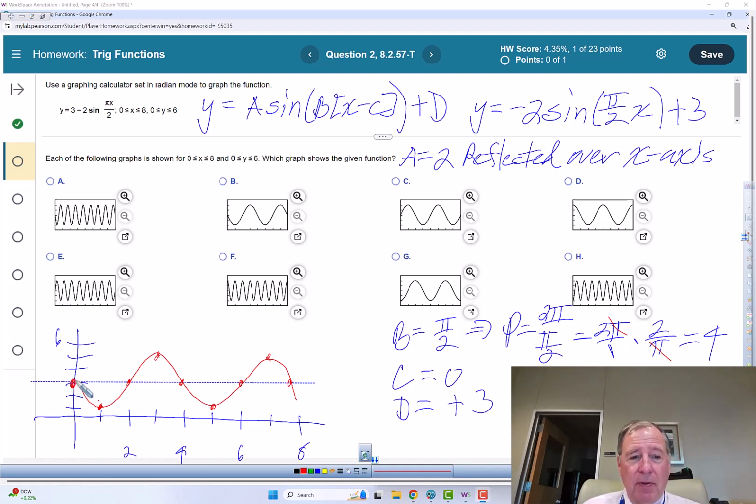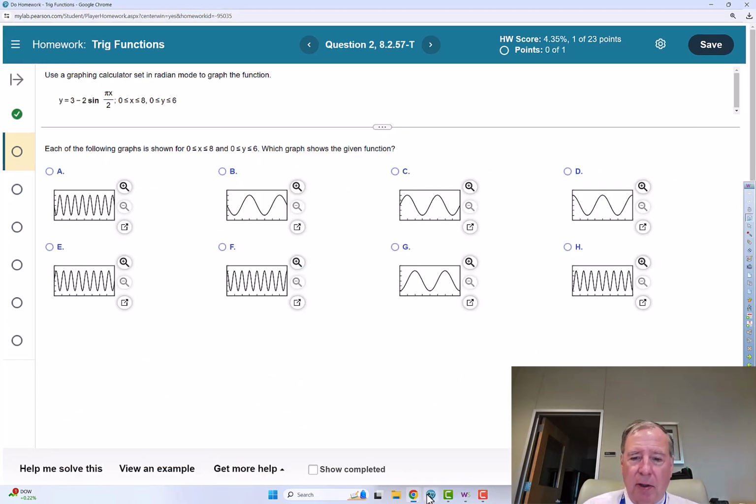So instead of starting at the origin, or the fake origin is what I call this here, instead of going up, we go down. So I go a quarter period down 2, quarter period up 2, quarter period up 2, quarter period down, and so forth. So it is going to be b, but we'll go ahead and do it in the calculator as well.